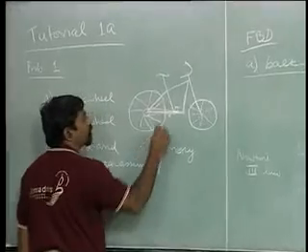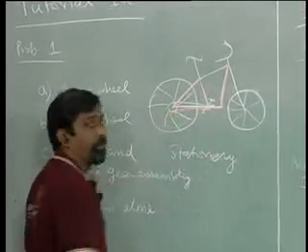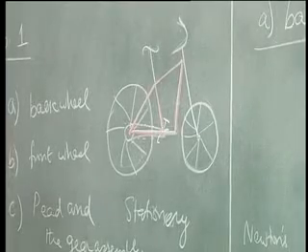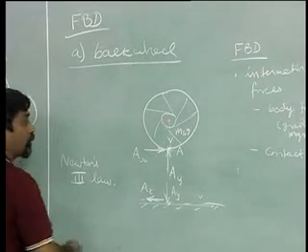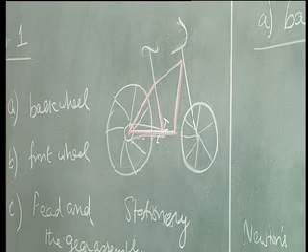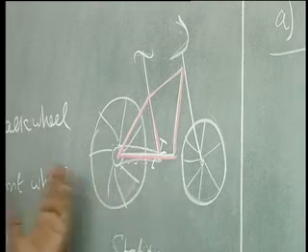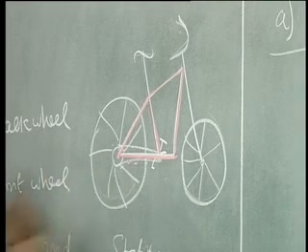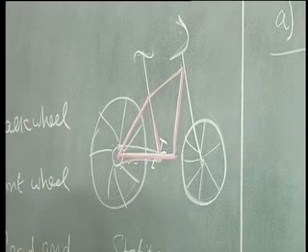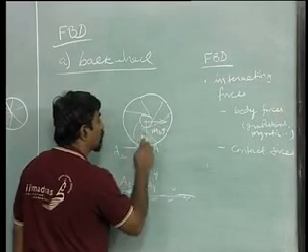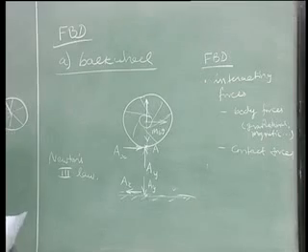There is this frame that is interacting at this particular point, right, at the hub, and therefore at this particular point I should be seeing an interaction in terms of this frame resisting the motion of the wheel at this particular point in x as well as y direction, which will give rise to two sets of forces at this particular point, which is due to interaction with the frame.